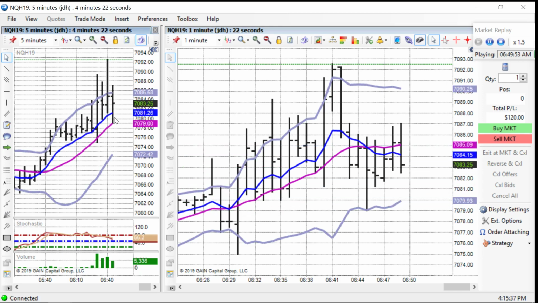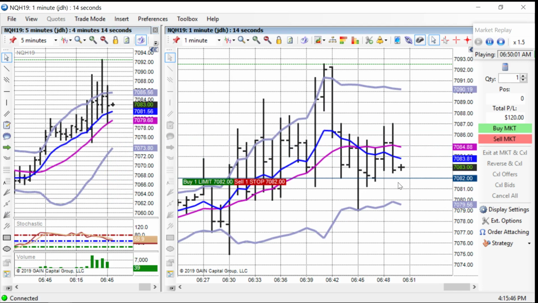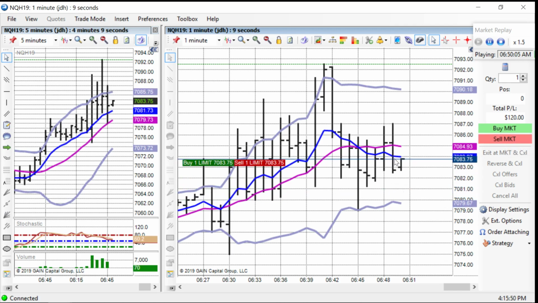Yeah, and you see what it did over here. A 1, 2, 3. So I'm still seeing a long position here, but I want to wait for that crossover to occur. Sure, taking its time.